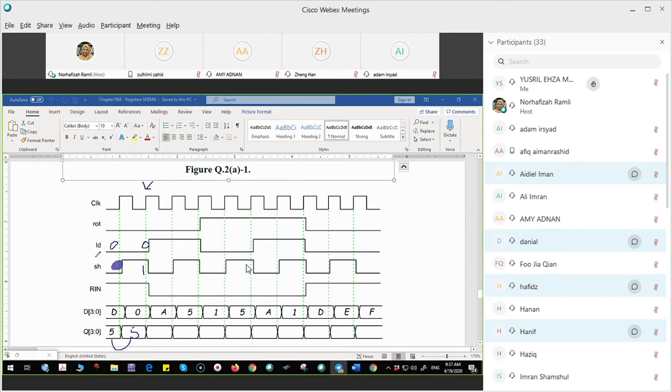Here is 0, 1, so load is 0, shift is 1. I go back, I forgot. I think it's shift right. So if shift right, 0 coming in. So from 1, 0, 1, 0, 1, 0 coming in. So what do you get?